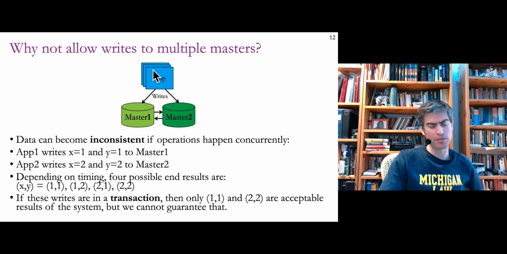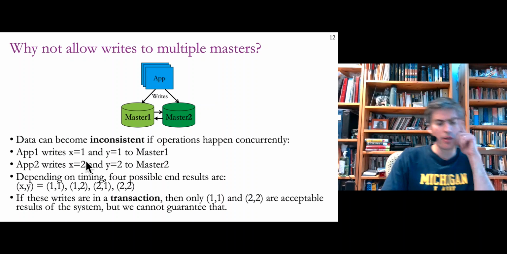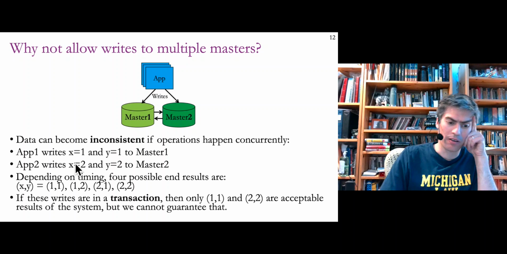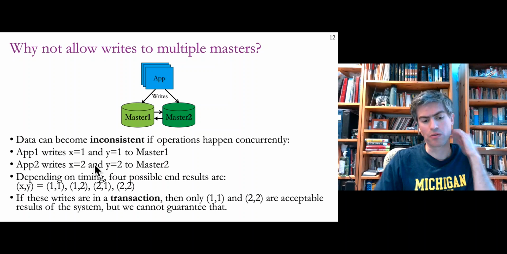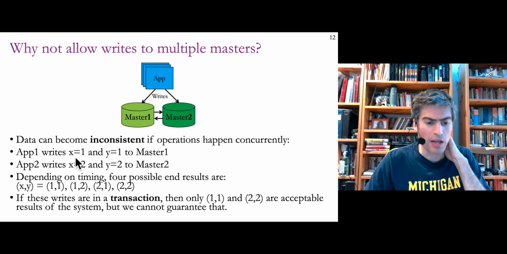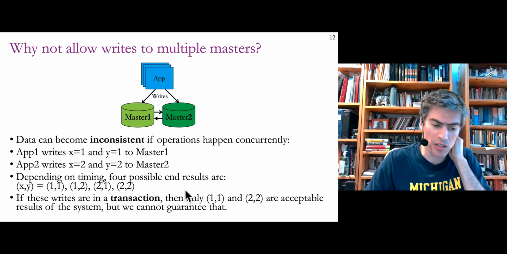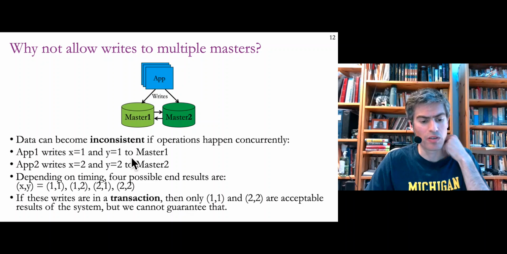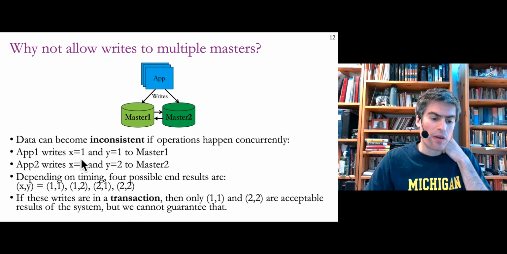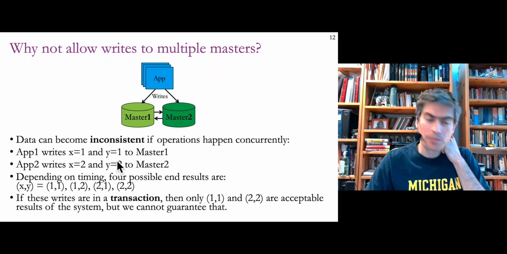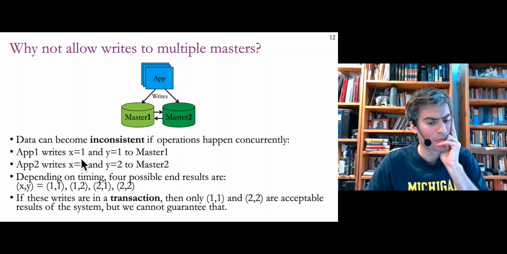Let's say you have two different apps, app clones writing, and they're writing variables x and y. These could be two different rows in the database, and app 1 wants to write values of 1 to both of these variables, and app 2 wants to write the value of 2 to both of those variables. But our application is supposed to use a transaction, like logically x and y should be the same thing, and so we want these writes to happen atomically together.